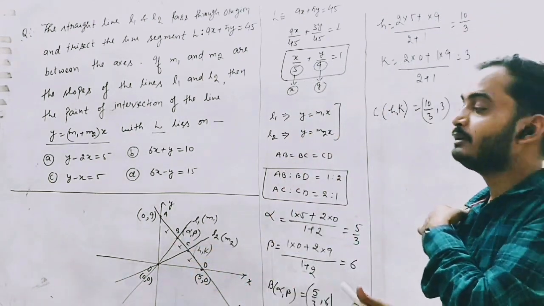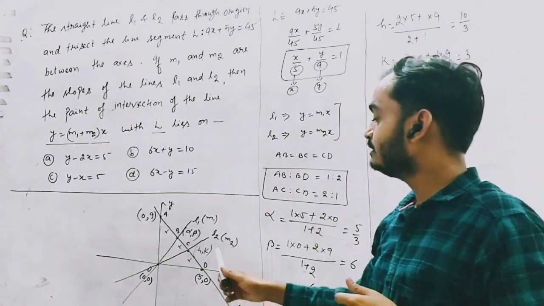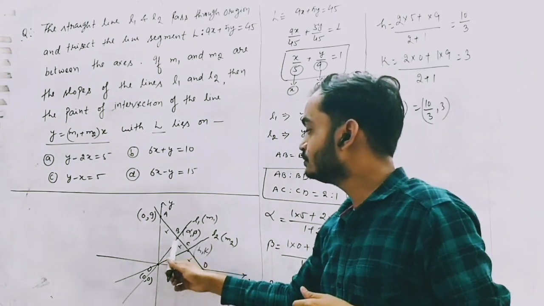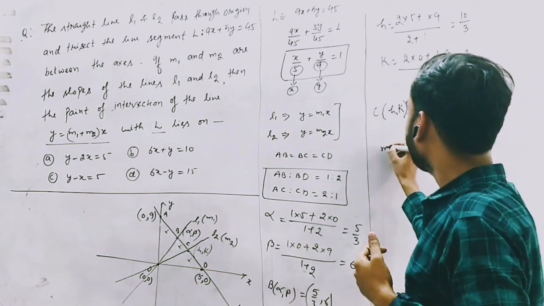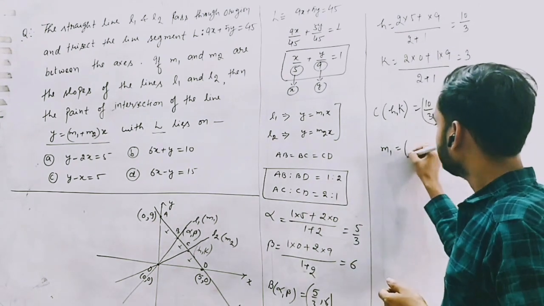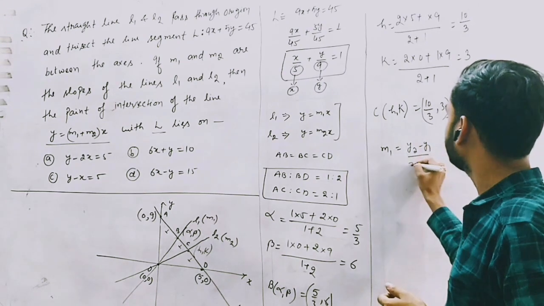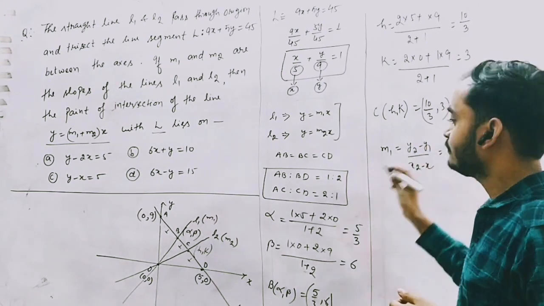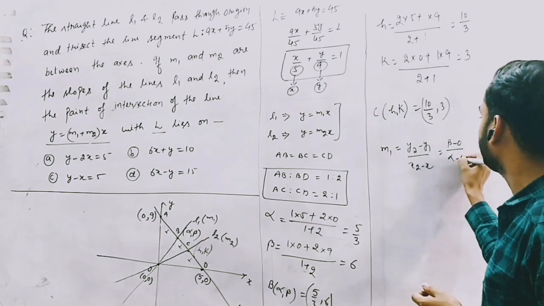Now recall how to find the slope using the coordinates of 2 points. So slope m1 will be equal to y2 minus y1 upon x2 minus x1. So for the line L1 we can write beta minus 0 upon alpha minus 0.